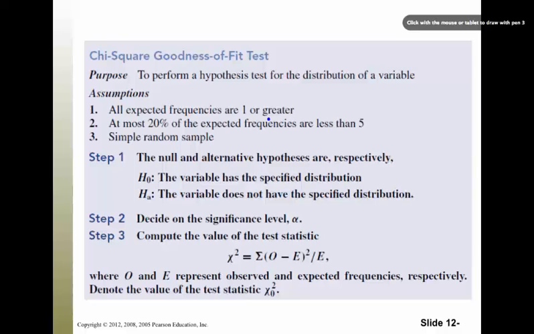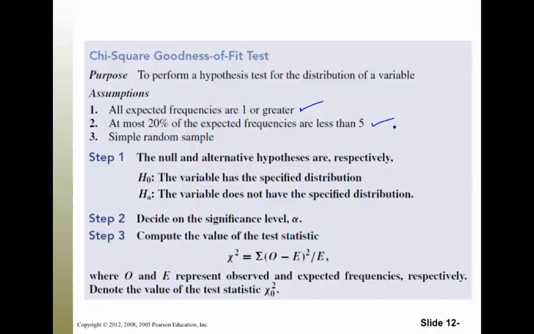You can't have 0 for any of the frequencies. At most 20% of the expected frequencies are less than 5. And you have a simple random sample. Those are the things we have to check in order to use the goodness of fit test.